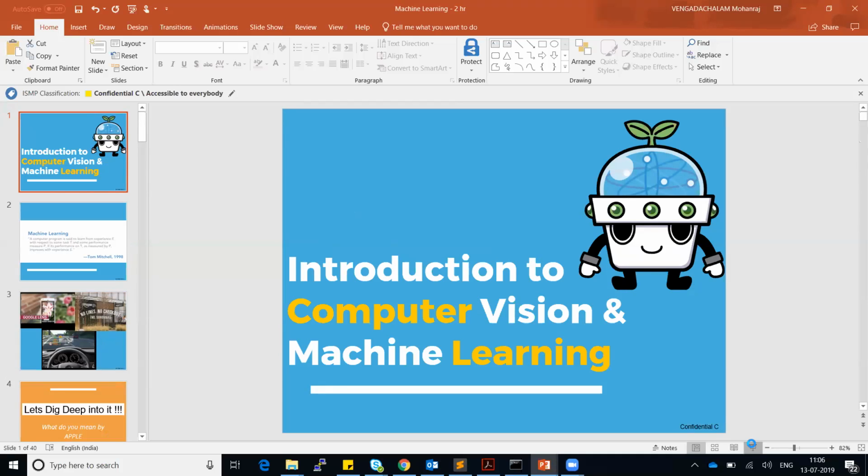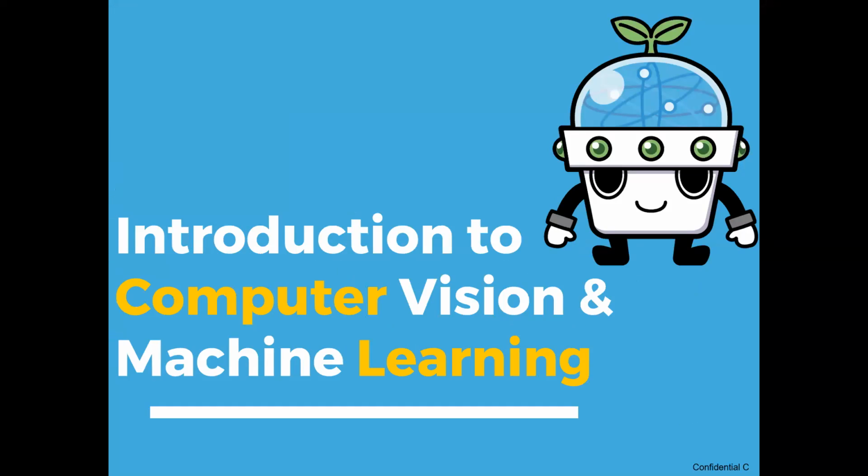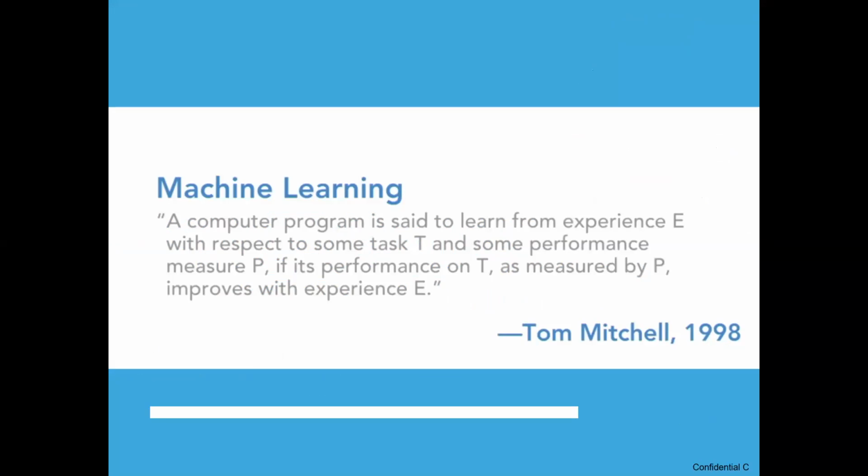Quickly, I'll give an overview of computer vision and machine learning, and then talk about what neural networks and CNN are. What is machine learning? Basically, it is learning from experience with respect to some task, and then trying to predict the future data. For example, in face recognition, everybody uses a mobile phone with registered face images, and the next time it says the person is X or Y. Everybody also uses Gmail, with general, social, and spam categories.